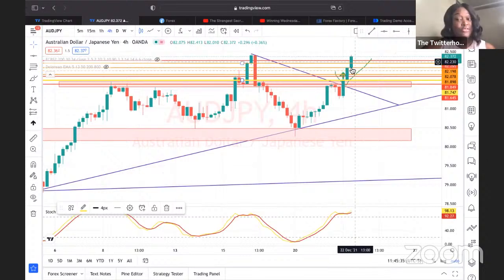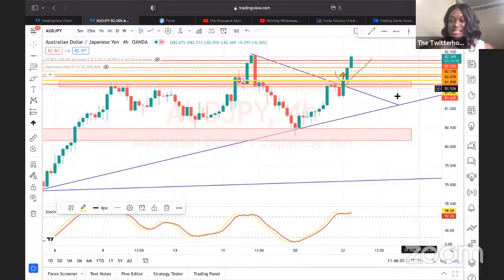So 4 times 3 is 12. So I'm in a 12-hour trade. But it's worth it because look at where I am now. I got in here on this green candle and I'm done with this trade at 3 o'clock. 3 o'clock this afternoon, I'm anticipating that it will still be up here.